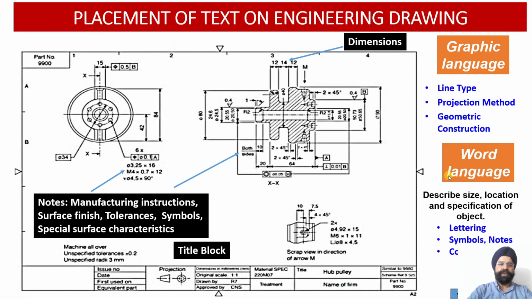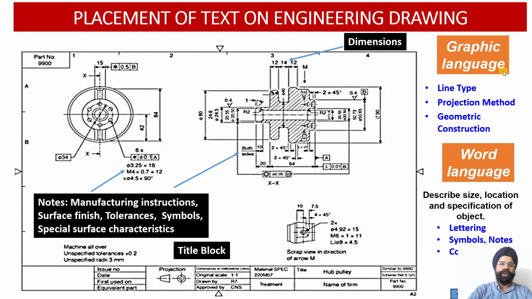So let us first of all understand why we need to put down the text information onto the engineering drawing. As we have already discussed, an engineering drawing is basically composed of two components. The first component is the graphic language, which is regarding the shape description of any given product onto the drawing sheet.